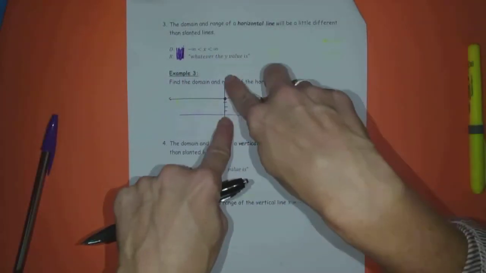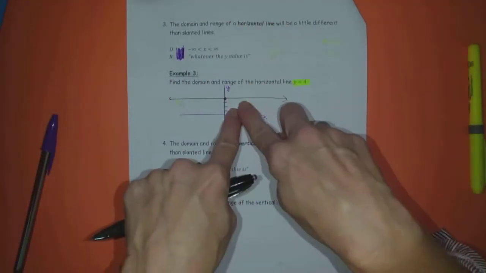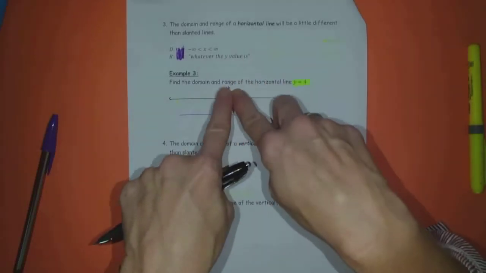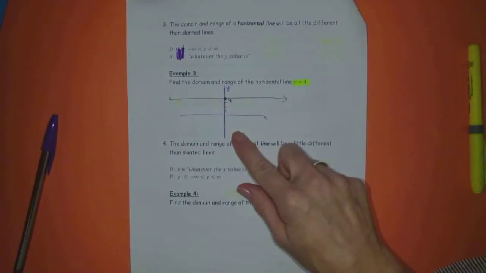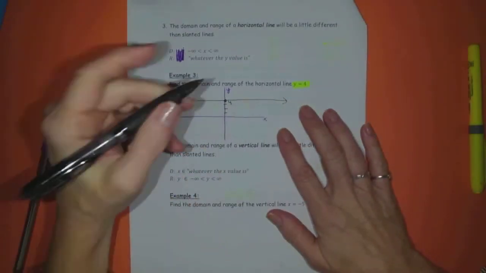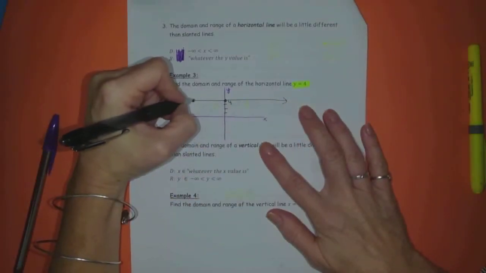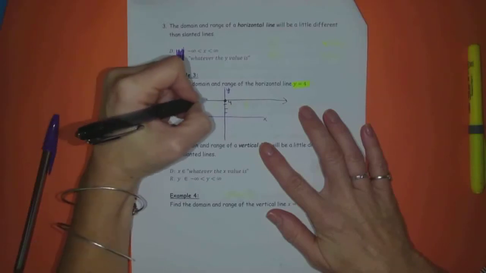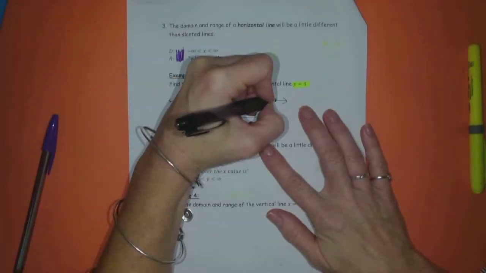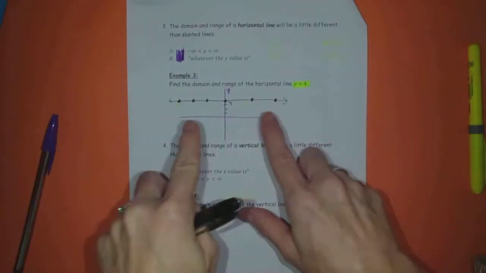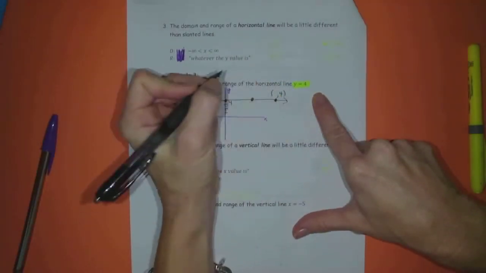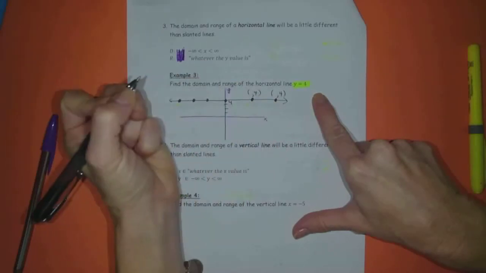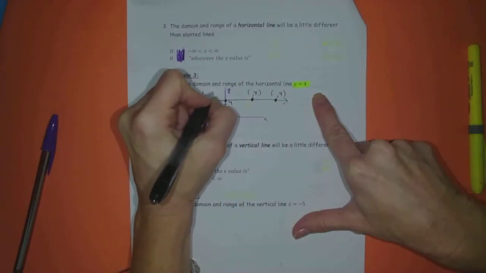However, let's look at the y's. The y's don't go anywhere. They're stuck right here at 4. No matter where I go, I could go to this point right here, this point right here, over to the right, all of these y values, like if I was doing ordered pairs, the y would always be stuck at 4.